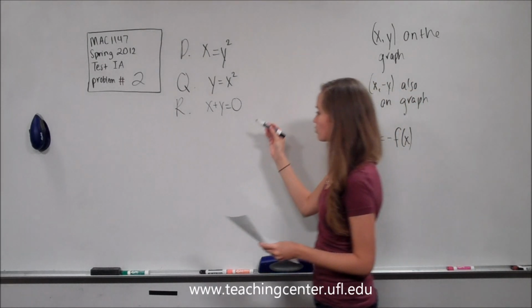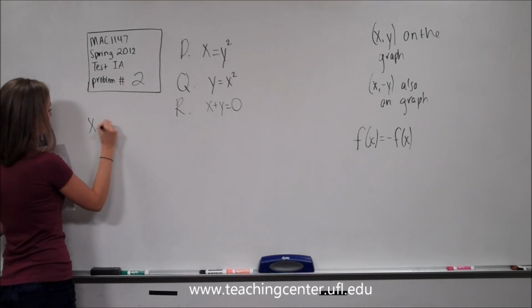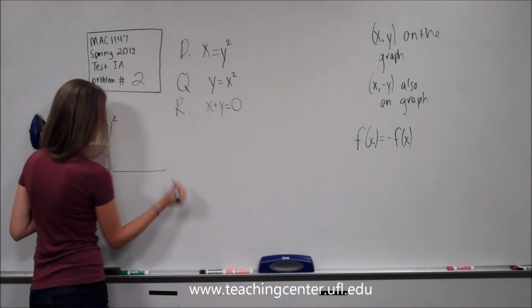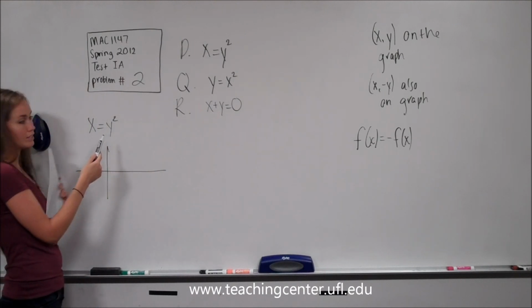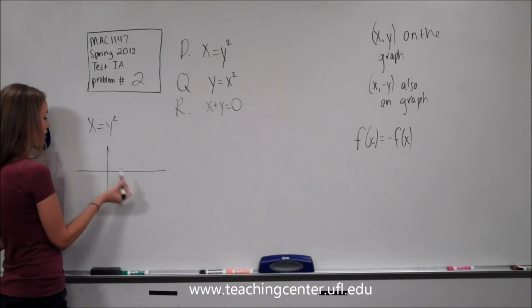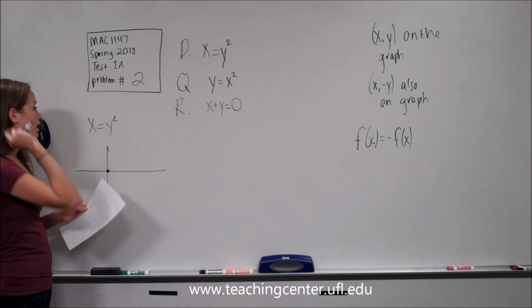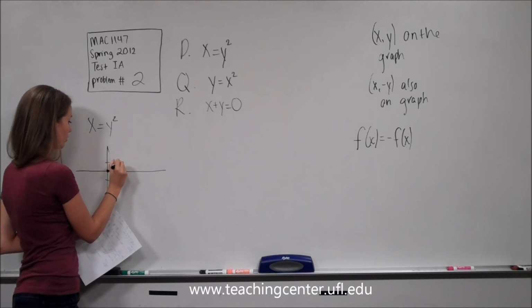So for x equals y squared, you can plot points. If y is equal to 0, x also has to be equal to 0, so there's a point at the origin. If y equals 1, x equals 1, so we have a point here.